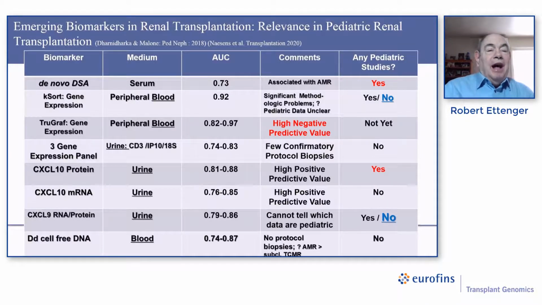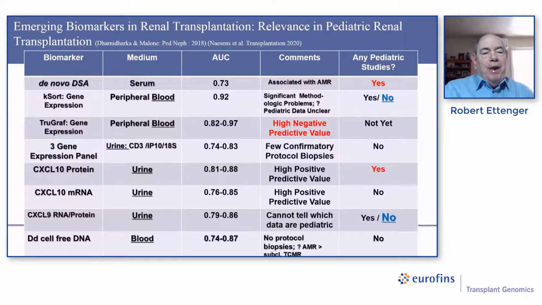Moving on, the question comes up, what are the emerging biomarkers in transplantation that have relevance to pediatric renal transplantation? And again, I would like to focus your attention on what is shown in red.